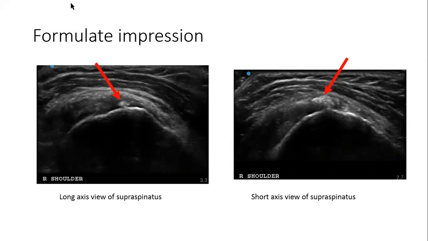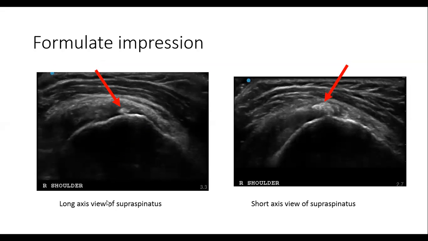There's sonographic evidence of hyperechoic signal within the tendon of the supraspinatus, suggestive of a calcific deposit, period. And then additionally, there's loss of normal echotexture of the supraspinatus tendon, which is suggestive of incomplete tear.